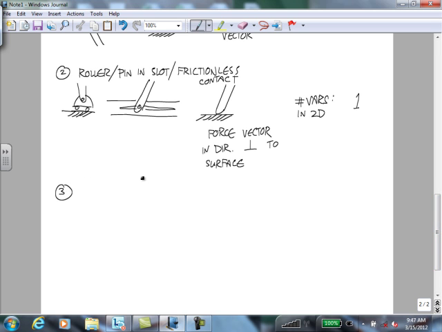Number 4, a weightless cable. And actually, let's do these. I have these in my notes separated into 2, but let's do a weightless cable and a weightless member together.